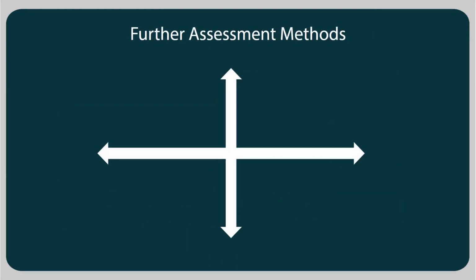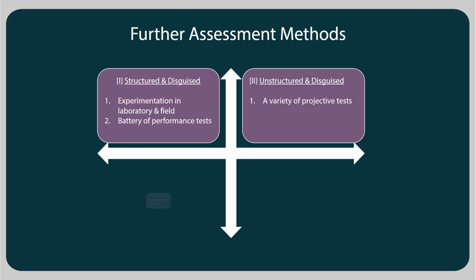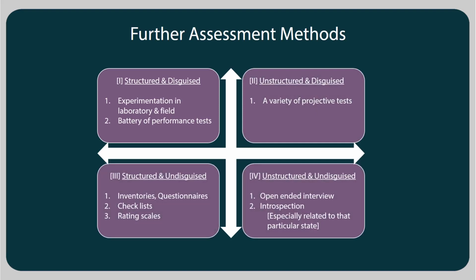In fact, here I have constructed a 2x2 contingency cell, keeping structure and disguise as the two main aspects. Coming out of this 2x2 cell are structured and disguised, unstructured and disguised, structured and undisguised, and unstructured and undisguised. Structured and disguised includes experimentation in laboratory and field, and batteries of performance tests.